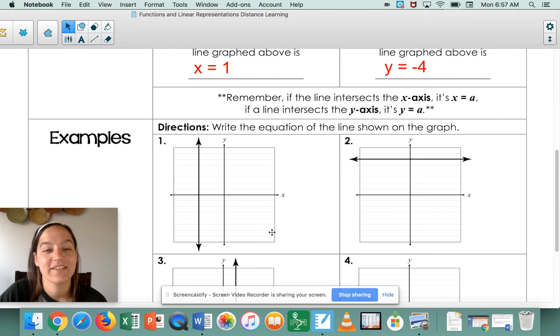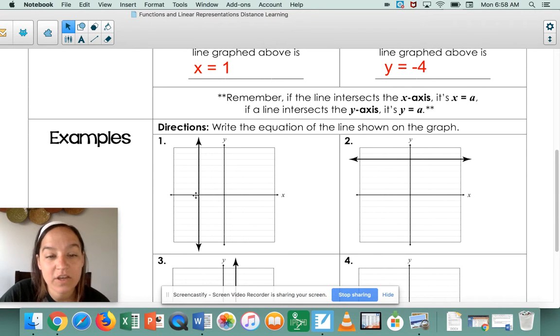All right, so here we go. Number 1, is it vertical or is it horizontal? I'm hoping you just said vertical to yourself. So if it's vertical, I'm going to have x equals. And that's because x, the line is always falling on where x is a certain number.